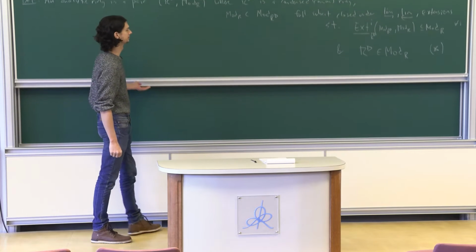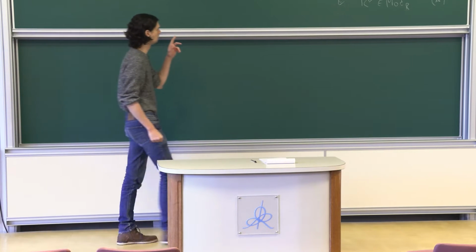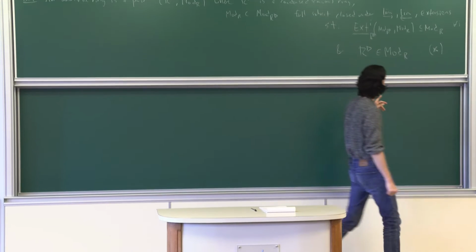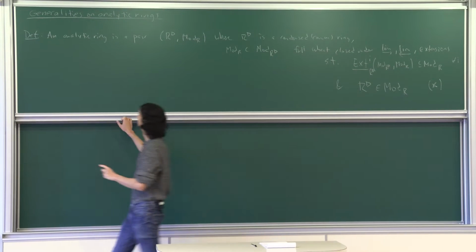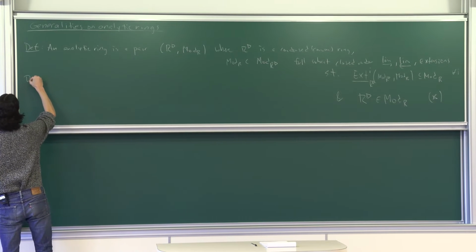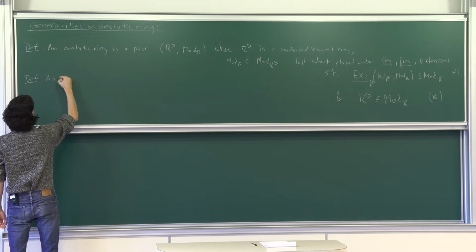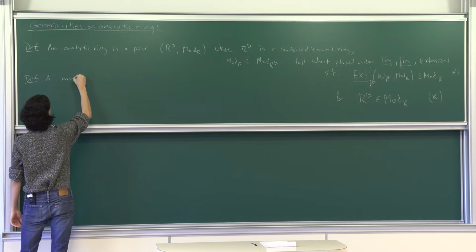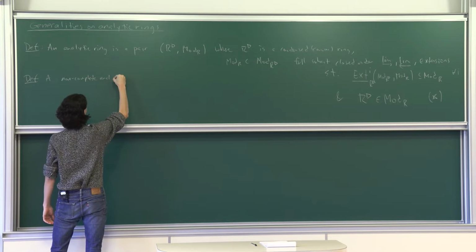Now I'll make another definition. Let's say a non-complete analytic ring. It's not a special kind of analytic ring.